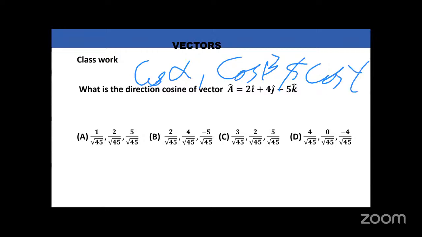So cos alpha is the angle between the resultant and the x-axis. Cos beta is the angle between the resultant and the y-axis. And cos gamma is the angle between the z-axis and the resultant vector.